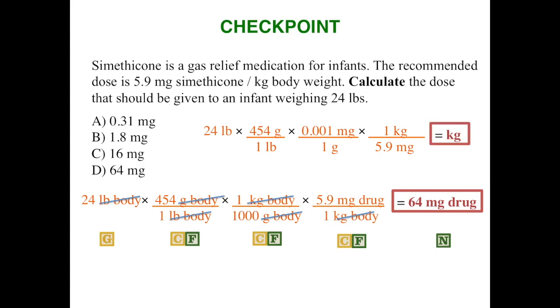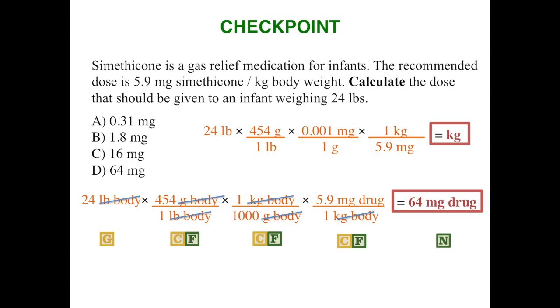And you either get confused at this point or you have written the wrong answer, because your answer will be in kilograms of drug, and number one, that's probably not very safe in terms of health and medicine, but also not the right answer. So do be careful and write out the units fully in your conversion factors.